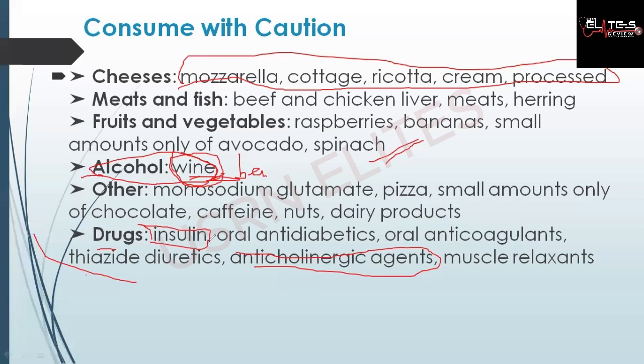That is why we are saying it should be used with caution, not an absolute contraindication. And this one too is the same thing, potentiation of hypoglycemic effects. This one has its reason. This one too, and the rest.